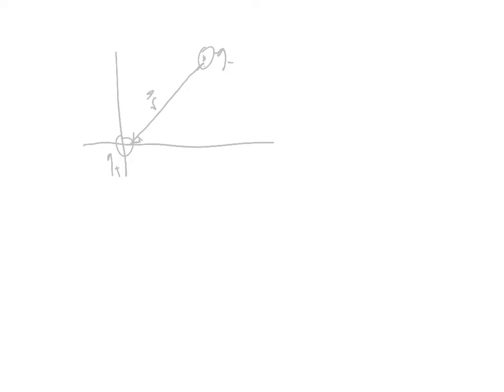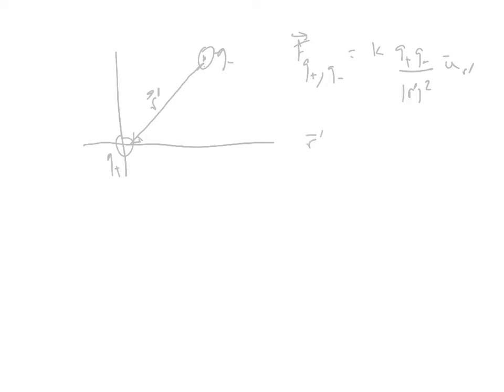So the force on Q plus due to Q minus, we said, is K Q plus Q minus divided by the magnitude R squared. Let's call this R prime, times u sub R prime. Now the question is, who is R prime?